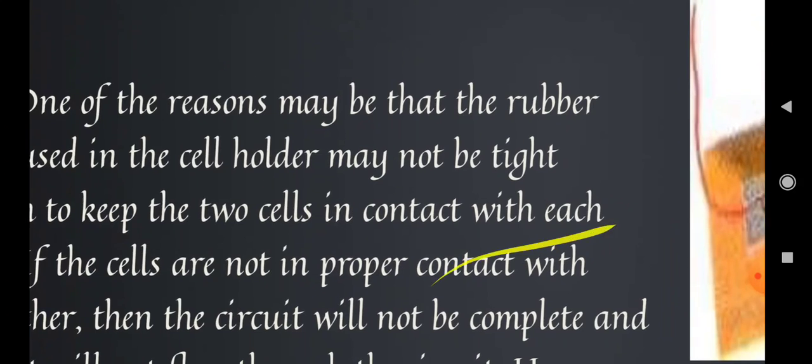So what is the possibility? Two possibilities are there. The first might be the rubber is not properly tightened or properly stretched, so that these 2 cells do not come in complete contact. There can be a loose contact because of this rubber band.